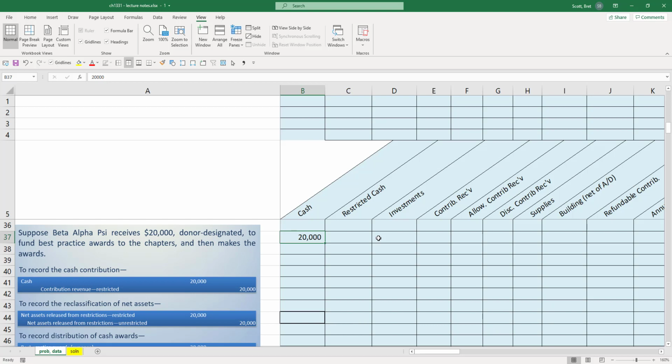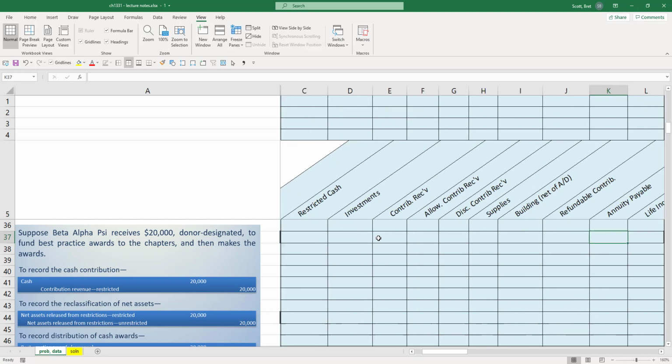You as a donor can specify that in any donation. In this case, if you were a donor of $20,000, and mind you, it's not uncommon for my friends and family to do this amount, if not larger. You can say, I want you as a not-for-profit to use that money for specific reasons.